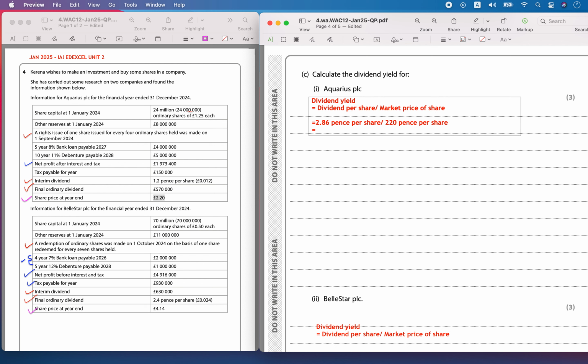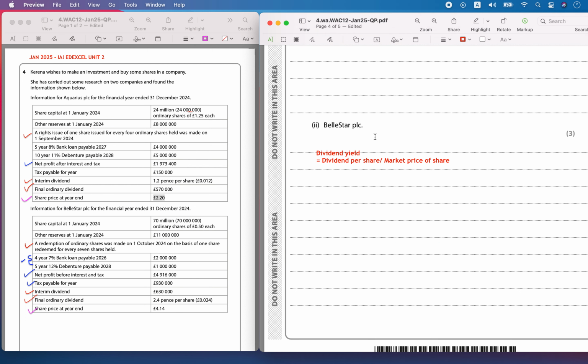Yield is a percentage, so you will multiply this by 100. To understand the percentage yield you get by investing in this share, it is 1.3 percent.